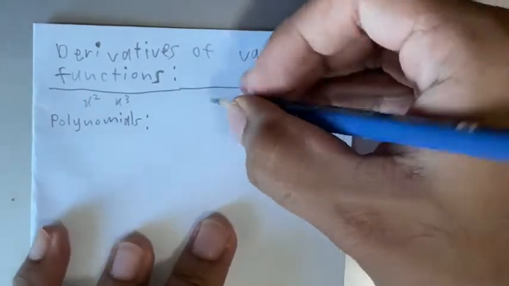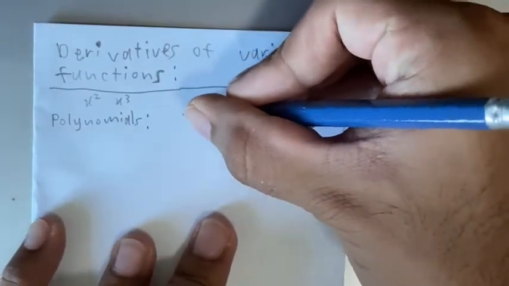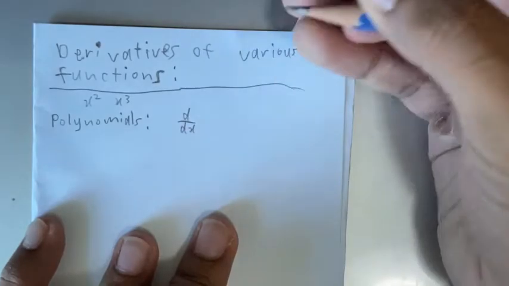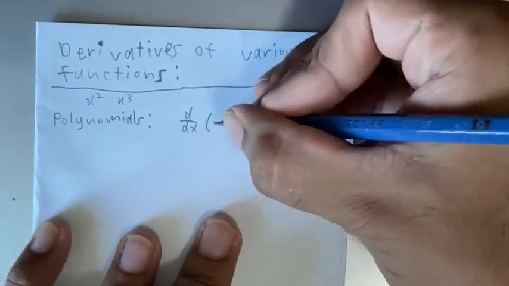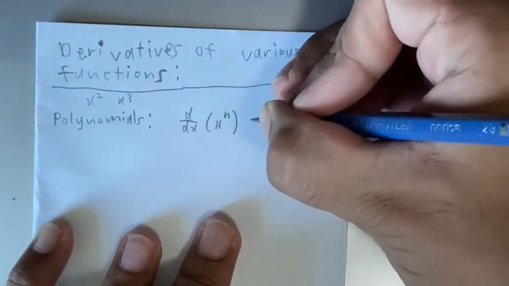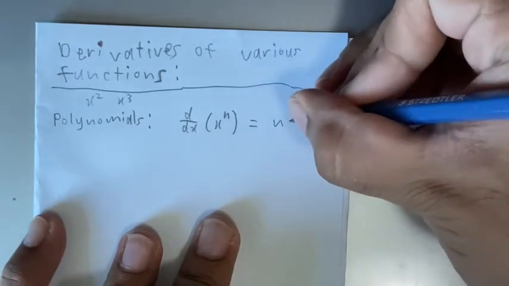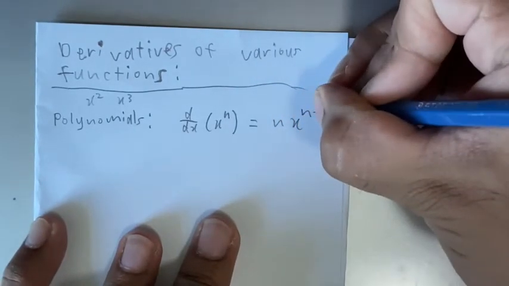So for polynomials, we say that d by dx, which is the differentiation of x to the power of n, is equal to n x to the power of n minus 1.